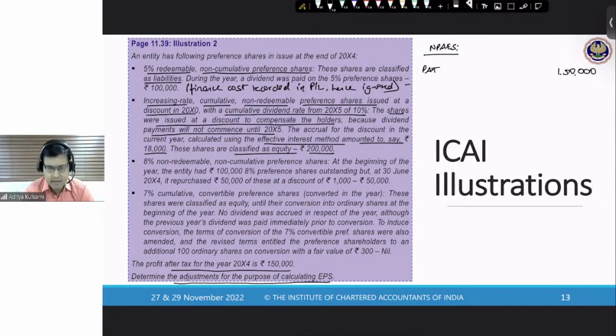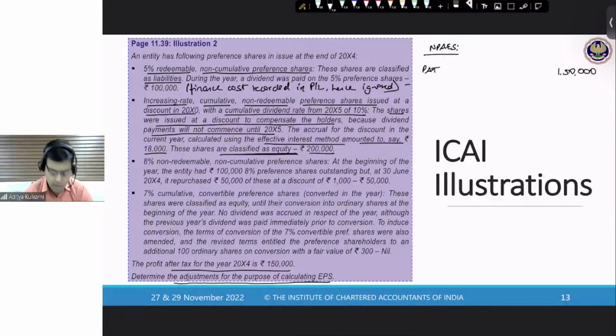Let us understand. First of all, these shares are classified as equity. They have given to you that these shares are classified as equity. So therefore, will there be any finance cost? No, strictly speaking, there will not be any finance cost.